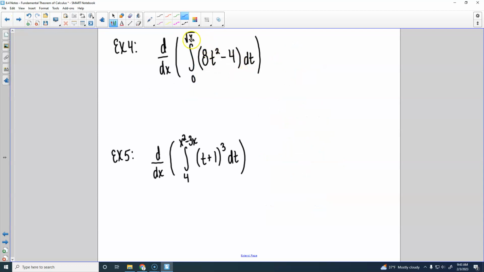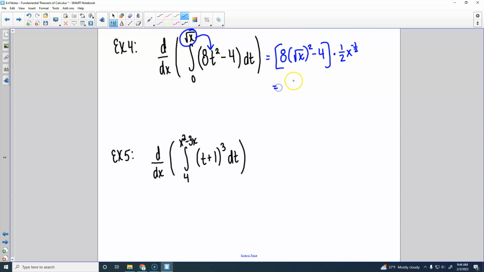All right, so if we have something like the derivative of the integral of 8t squared minus 4 dt, and we're using the square root of x, we would be plugging in the square root of x there for our t. So we would get 8 times square root of x squared minus 4 times the derivative of the square root of x, which is 1/2 x to the negative 1/2.